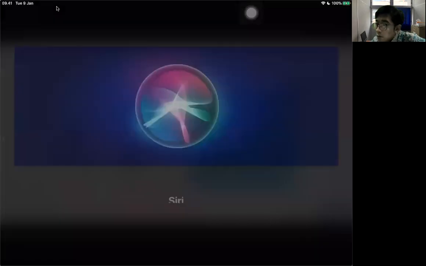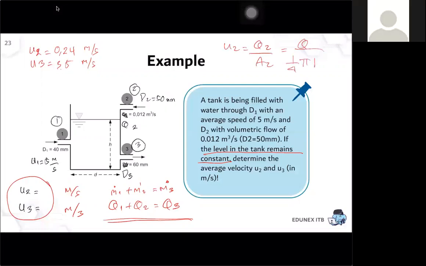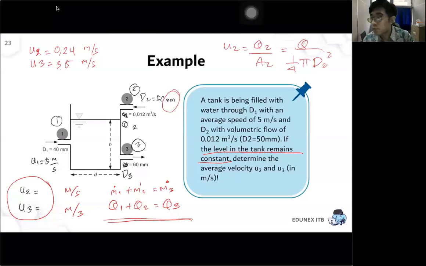A2 is 50. Yes. But just remember it's in millimeters. Oh my god, sir. Okay, I get my mistake. I just counted diameter and I didn't change it to area, sir. So should be four. I think it's 4 times, right?